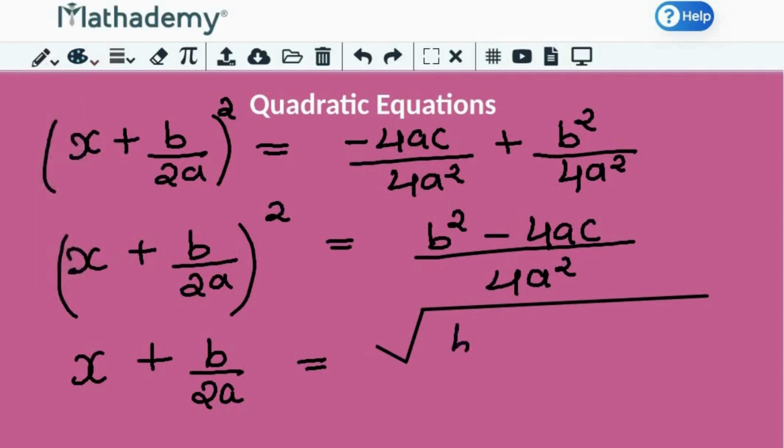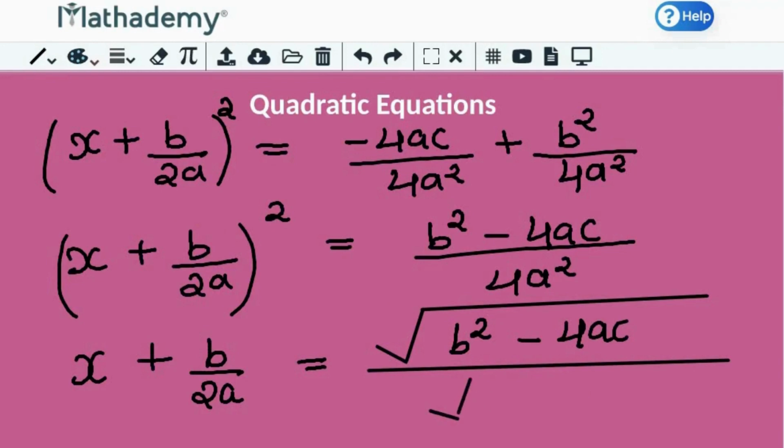So this becomes root of b square minus 4ac, this whole upon under root of 4a square.